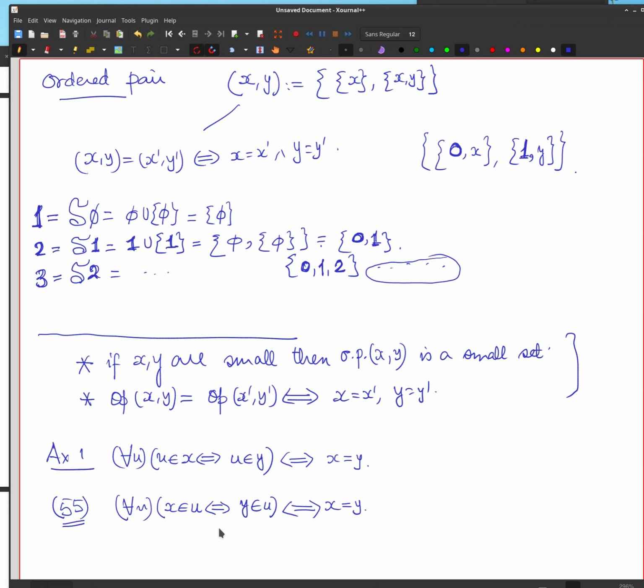That's the essential story behind this. If you give me any two unequal sets, I will be able to find a set which has x as a member but doesn't have y as a member, and the other way around, a set which contains y as a member and doesn't contain x.